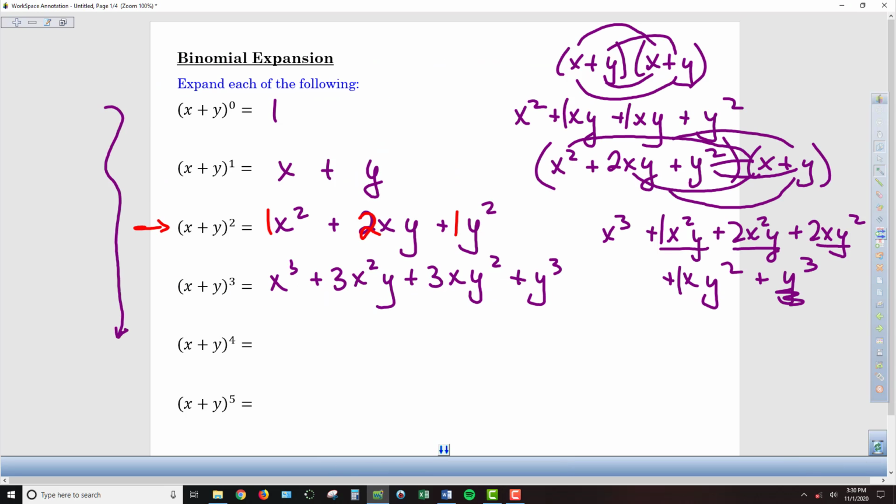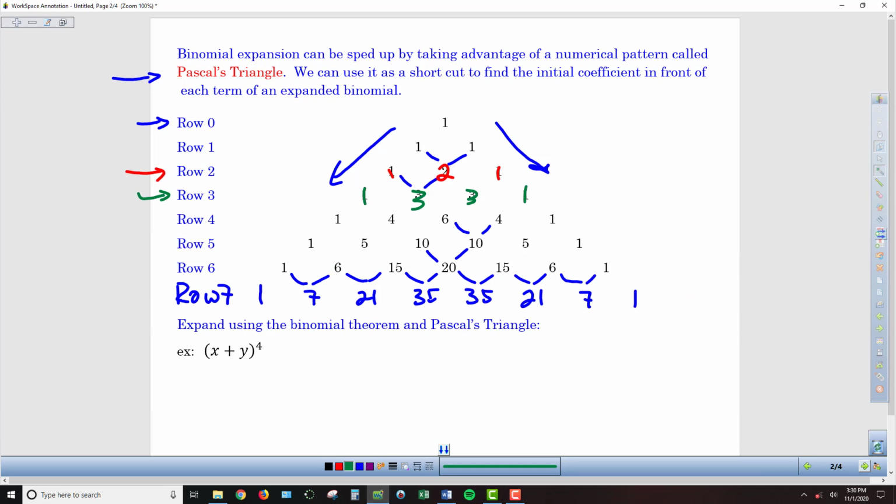If I go back here and look at the x plus y to the third that we expanded, what were the coefficients of our final result? 1, 3, 3, and 1. So the rows of Pascal's triangle predict what the coefficients are going to be in front of each term of our expanded binomial.